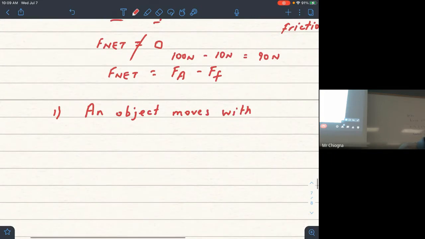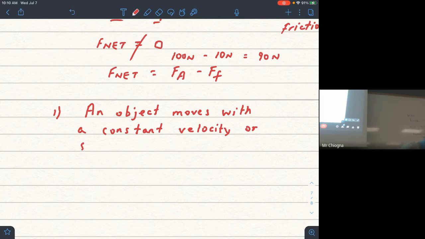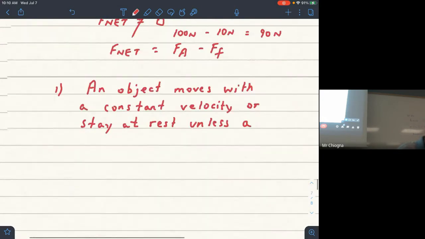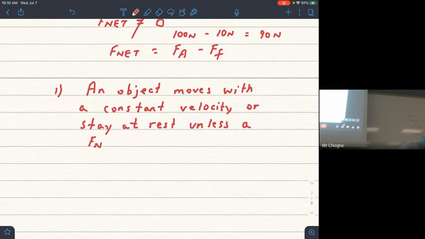If it's already moving, it continues to move at constant velocity, or stays at rest. It could be at rest. And here's one of the keys here: unless what? Unless a net force, that's why I referred to it at the beginning, unless a net force, F net, is acting on it.